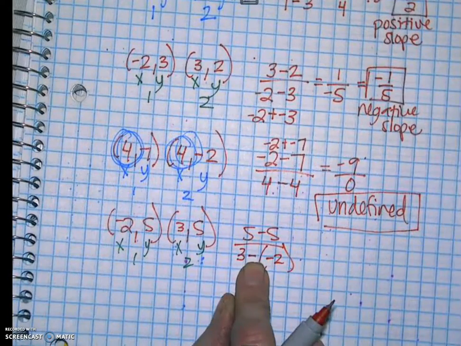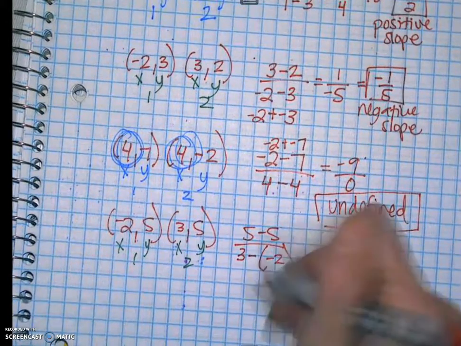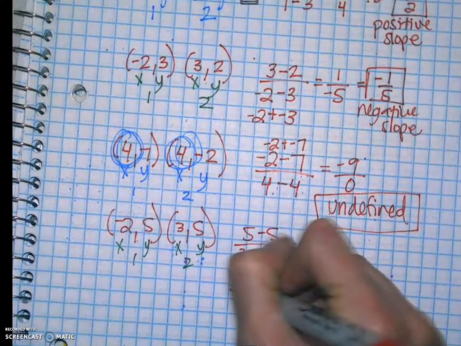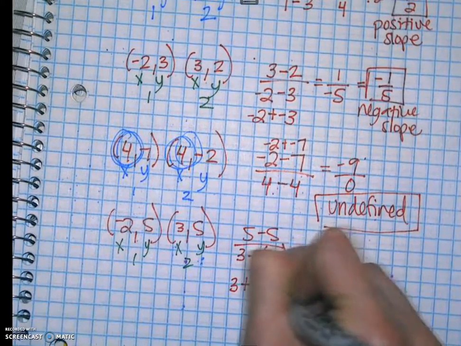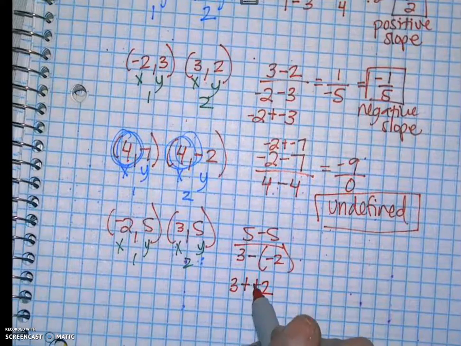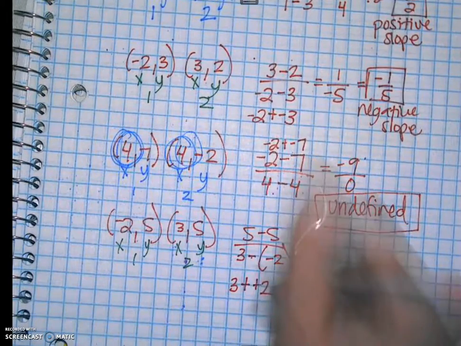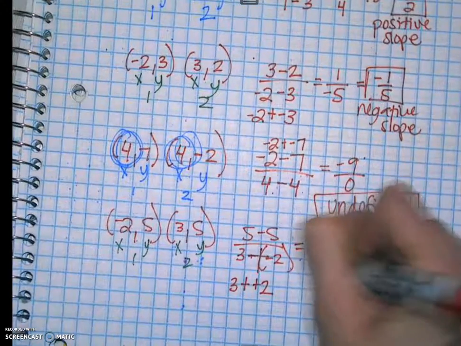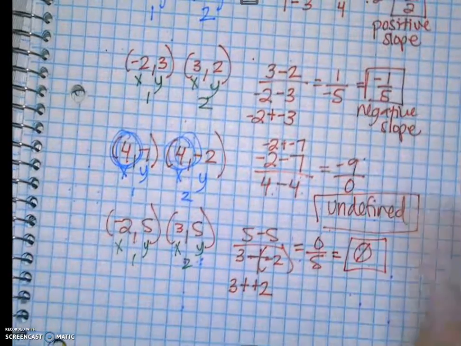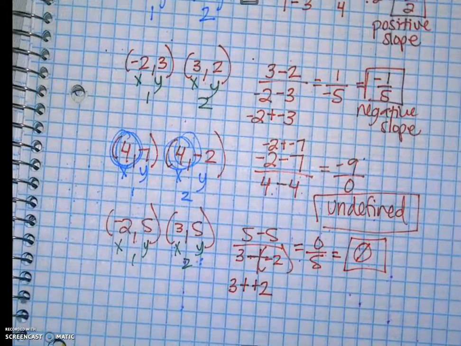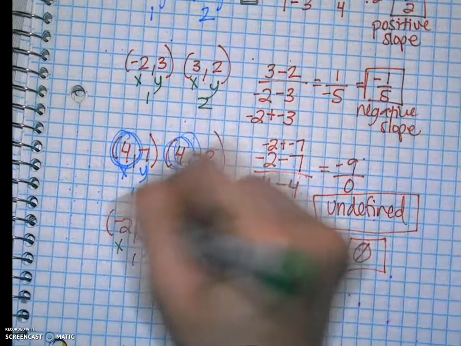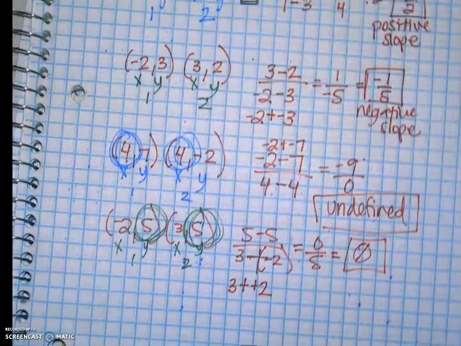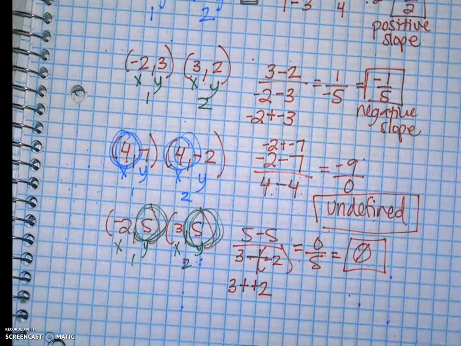We always seem to forget that negative. Remember, if you need to, you can always keep, change. And that right there is the same thing that I do. When I say a negative times a negative is a positive, I just change it to a plus sign. So you get 0 over 5, which you should know is just 0. And the hint for this one, if you notice, the y's are the same. That means both of them are on that same line. There is no change because the y's are exactly the same.